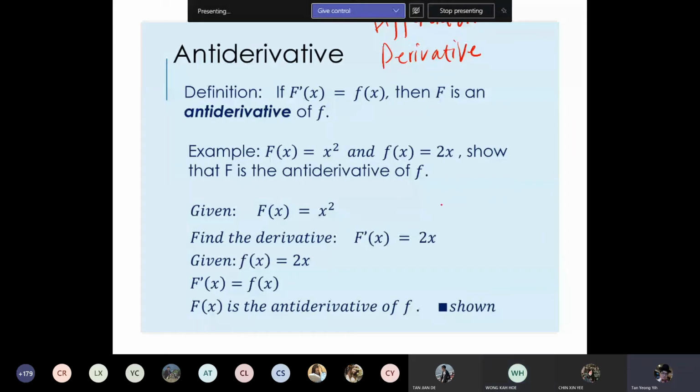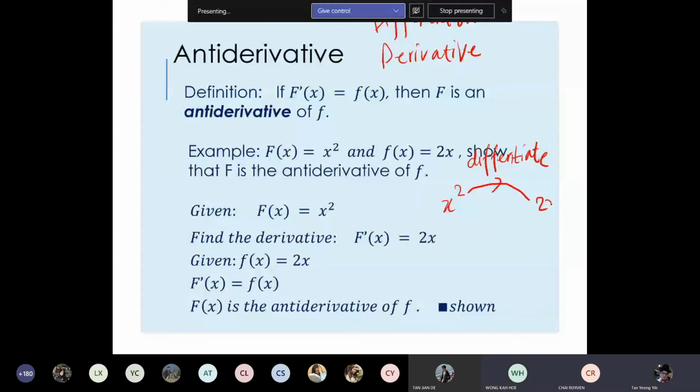Let me explain. When we have, for example, x squared, and we differentiate, what do we get? 2x.